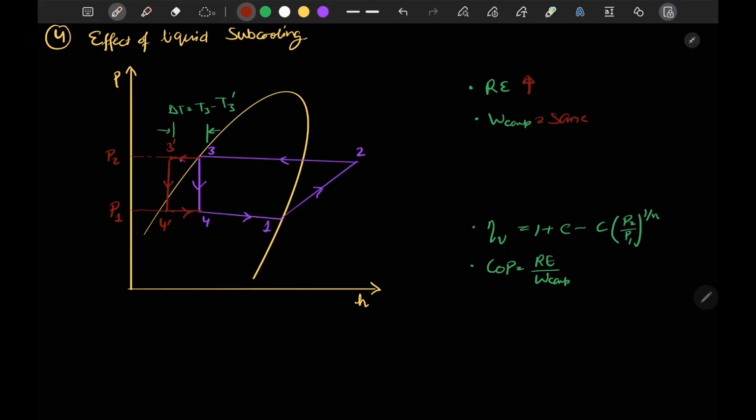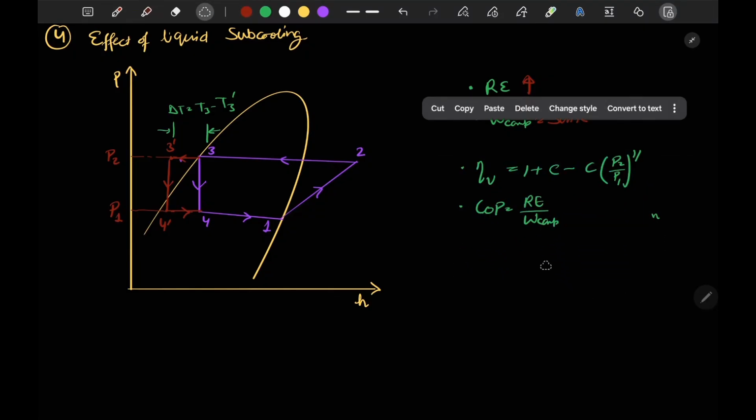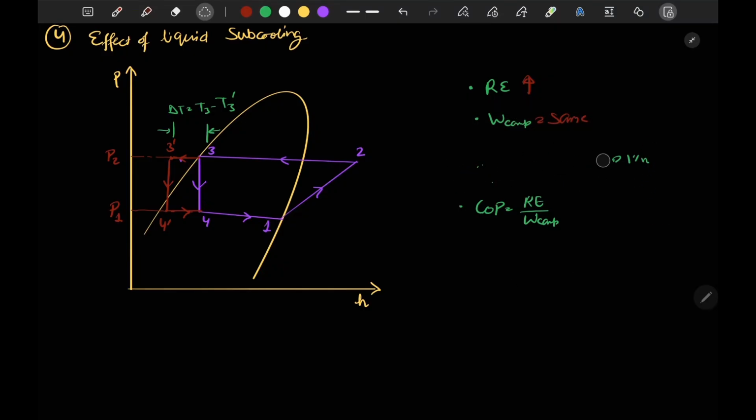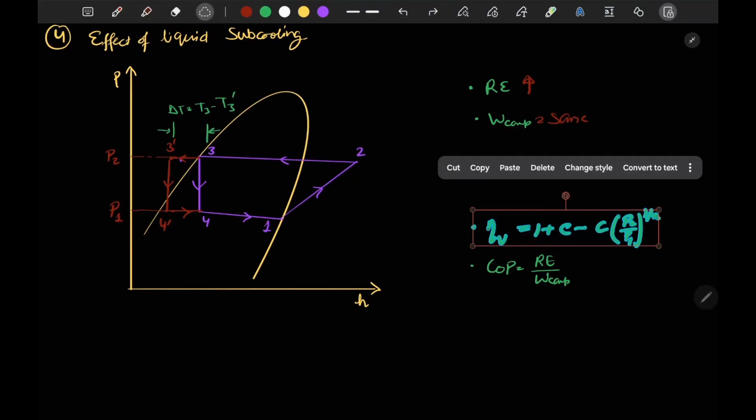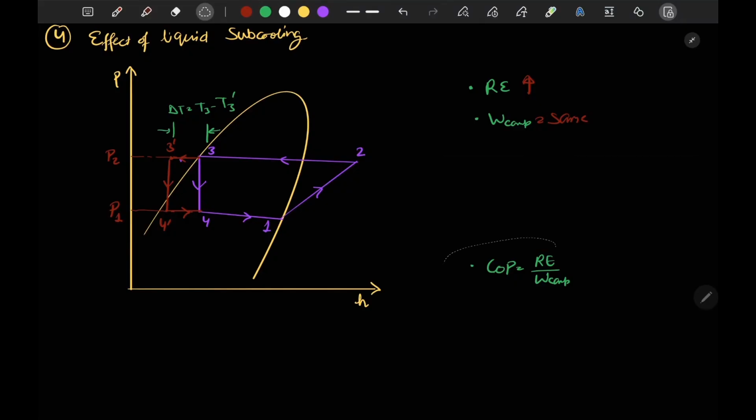Volumetric efficiency will also remain the same, because we are not doing anything to our compressor inlet. If we talk about COP, since our refrigerant effect increases and the work done by the compressor remains the same, COP will also increase.